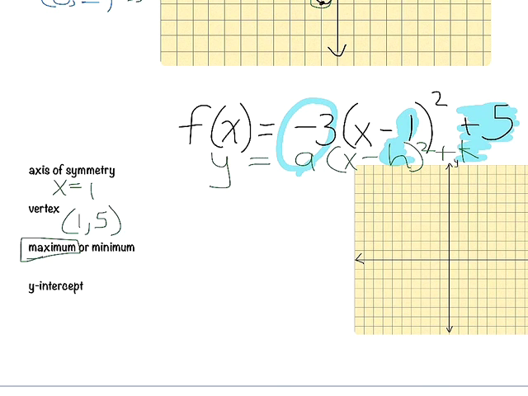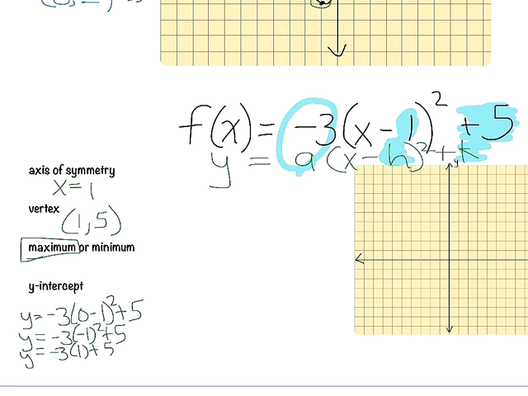And to find my y-intercept, I'm just going to replace the x with a 0 and use the order of operations carefully, making sure to do the parentheses first, and then exponents, multiply, and add. So I'm just going to do that together. So my y-intercept is 2, which means I'm going to have the point 0, 2 on my graph.